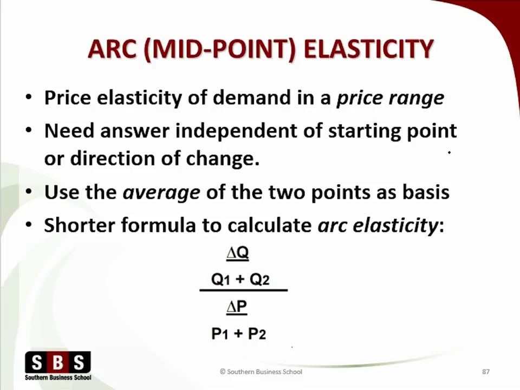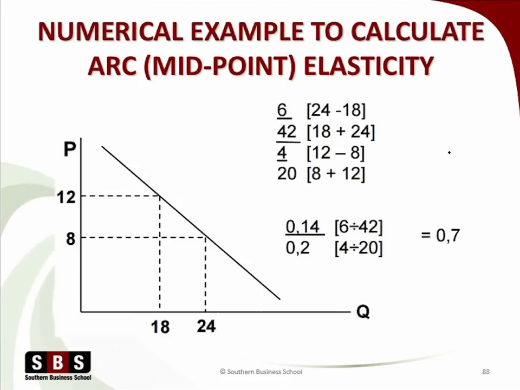So it's the same formula. It's just that the average of all of those is eventually built into the formula. So that same formula will then read like that, and you'll get a different value. So it's important to understand that. So it's the 24 and the 18, 6 and 42, and then it's 0.4 over 0.2, and that's 0.7.